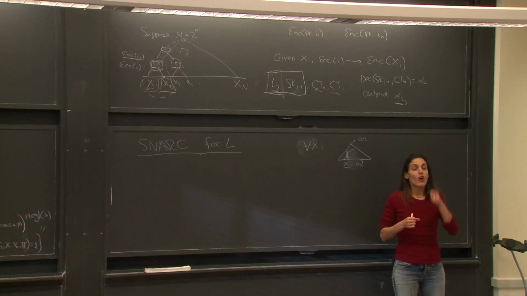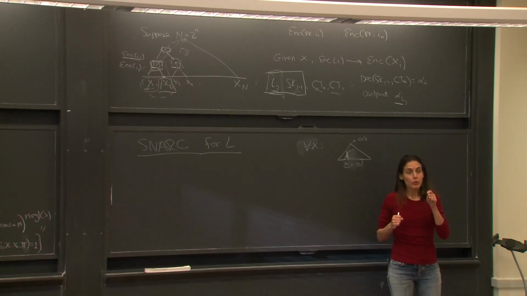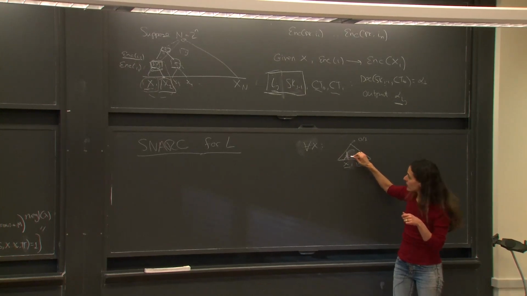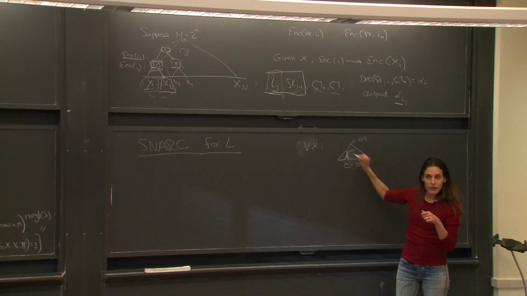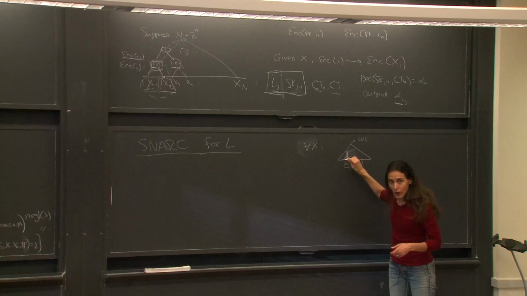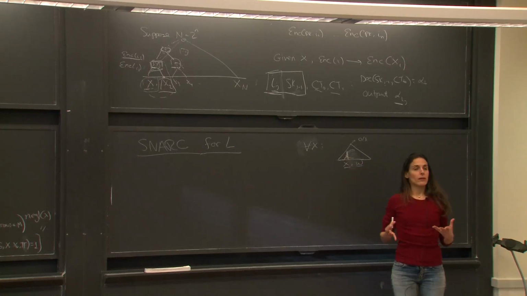So for every gate in the circuit, I'm going to prove to you that there exists an opening to this wire and an opening to this wire and to this wire, such that these openings are valid, and that the values that I opened respect the gate.